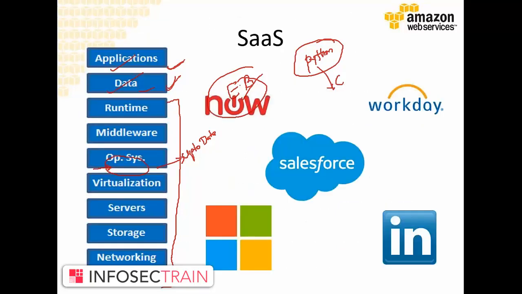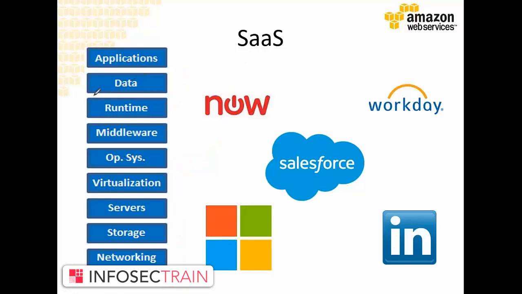The next one is the SaaS service, which is something you have to be concerned about. I'll tell you why. What do you mean by SaaS service? For example, Office 365, Gmail, LinkedIn, ServiceNow. In all these, you're just a consumer.